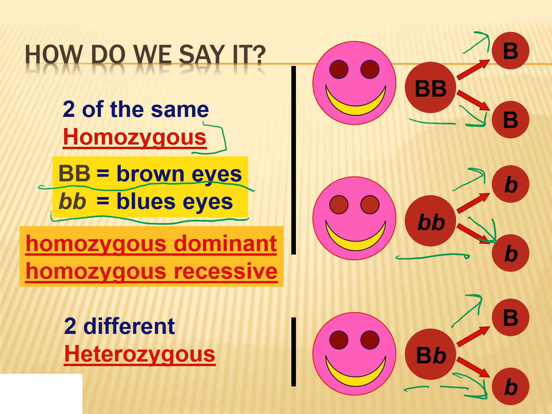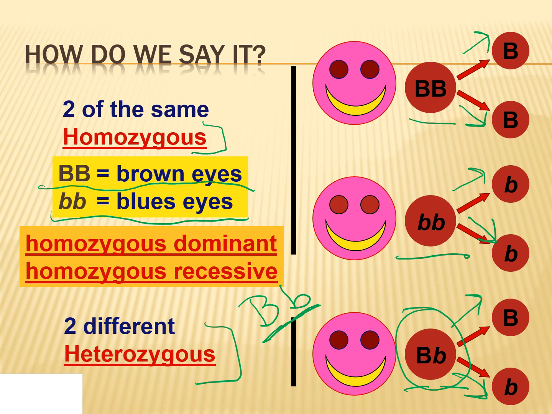Now, a heterozygous, because brown is dominant, if you have a heterozygous genotype, so one big B and one little b, you have brown eyes because brown is dominant over blue. It's somewhat confusing because it sounds like brown is stronger or something.